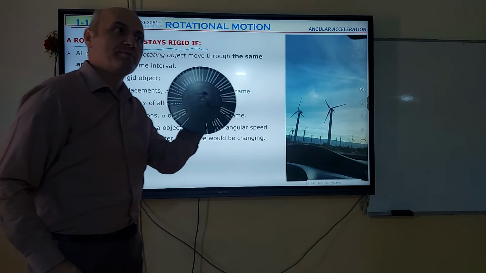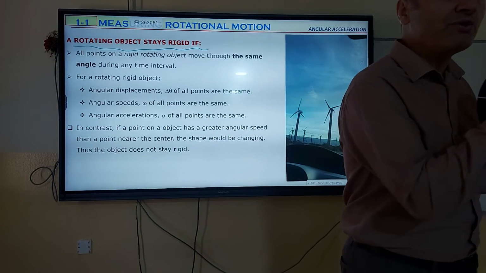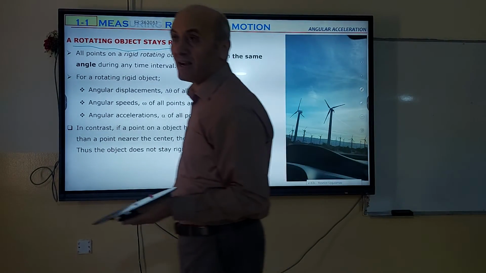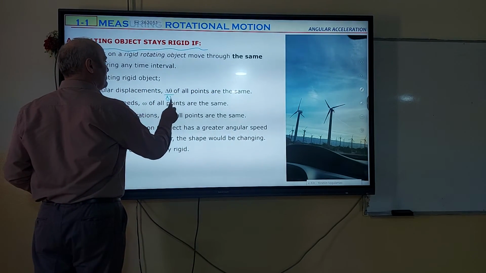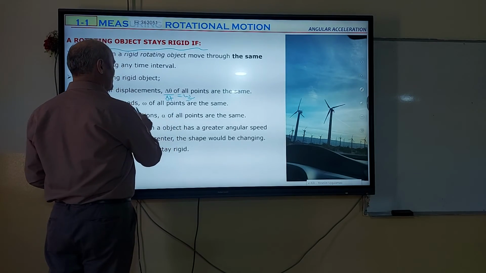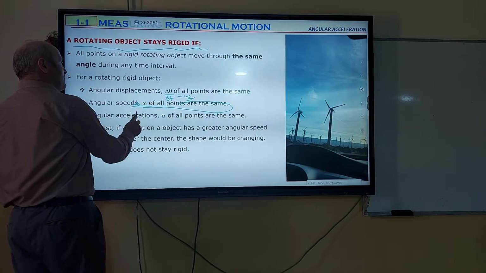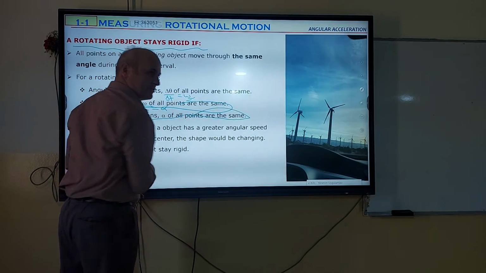That's why the angular displacement of all points on this disk should be the same. But if angular displacements are the same, they are happening at the same time, so angular speeds must be the same. And if angular speeds are changing in the same time interval, angular acceleration should be the same.